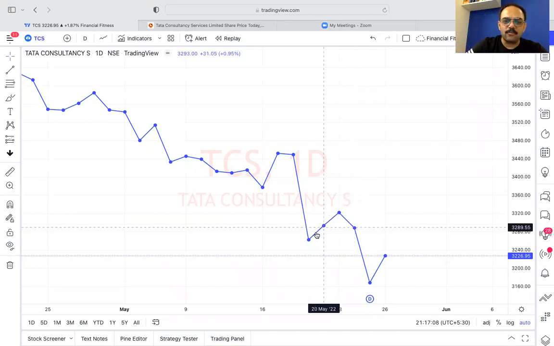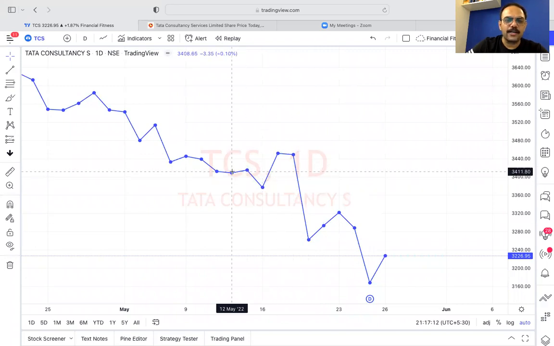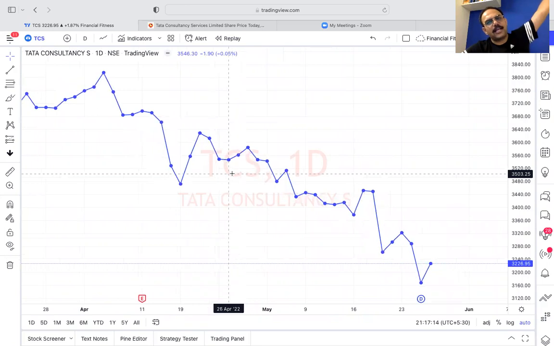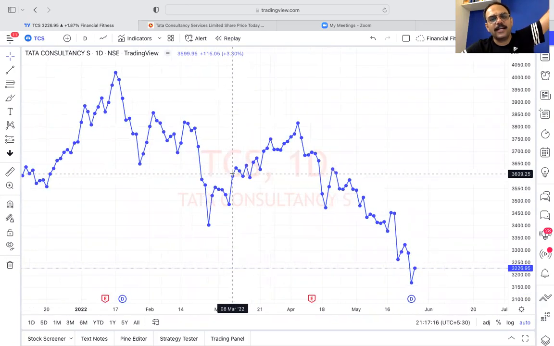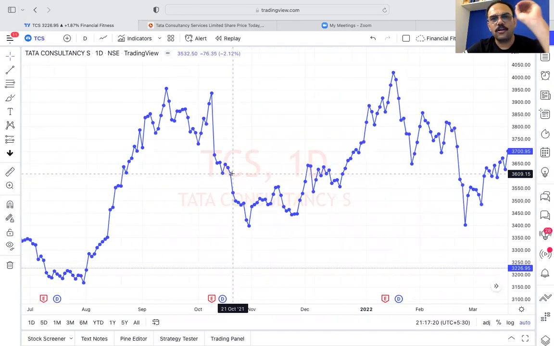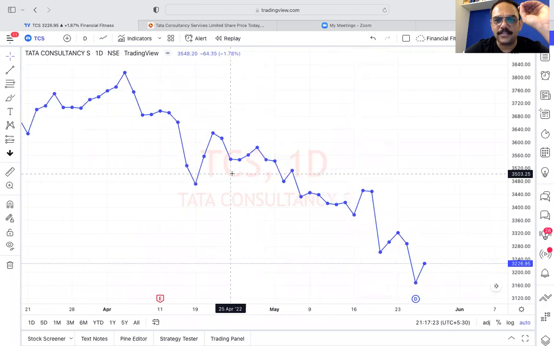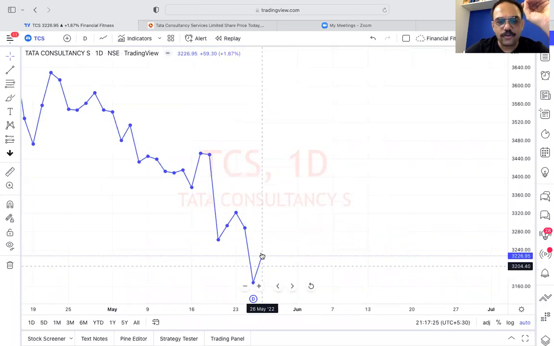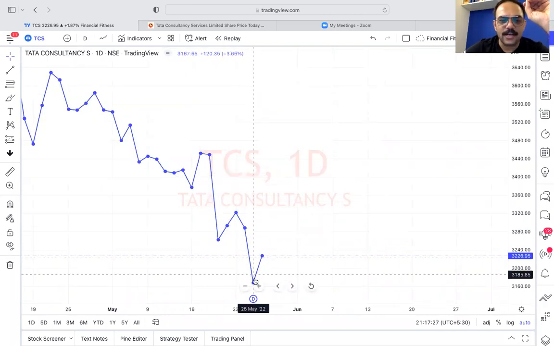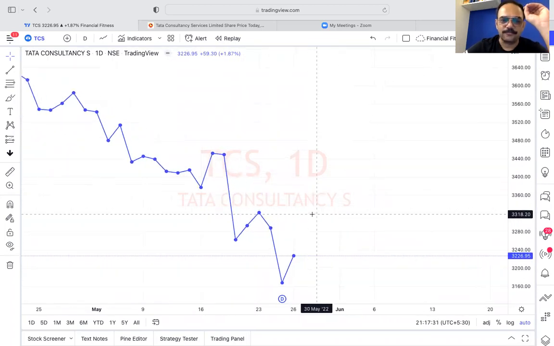So every day's closing price is plotted like this, from the time TCS started trading in the stock market, and this chart is created. This is called a line chart because only the closing price is plotted and joined with a line. Hence it is called a line chart.